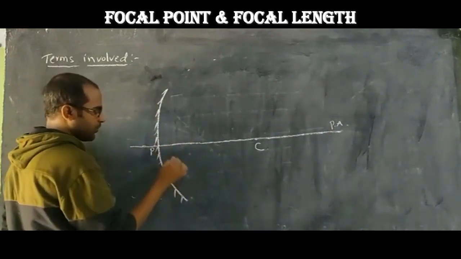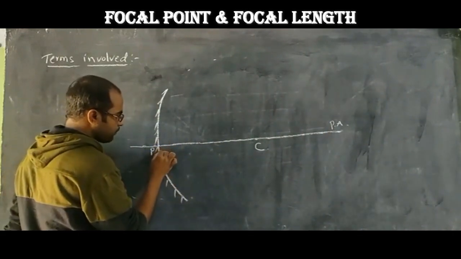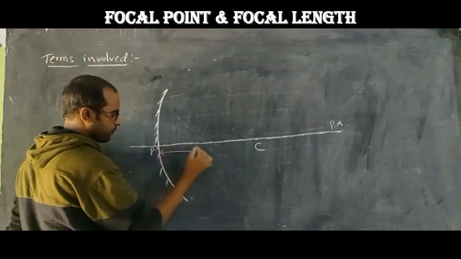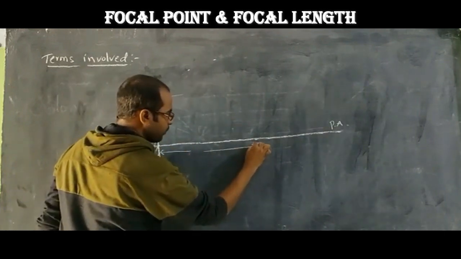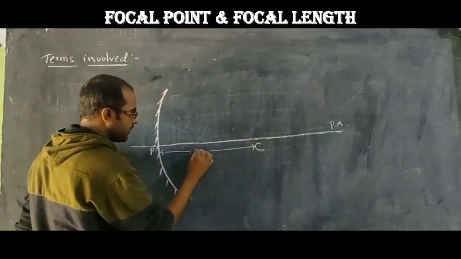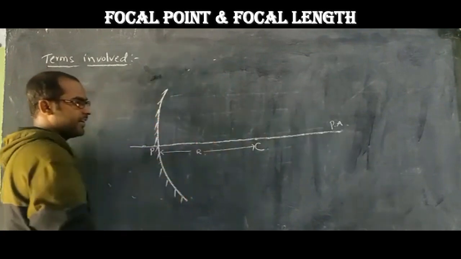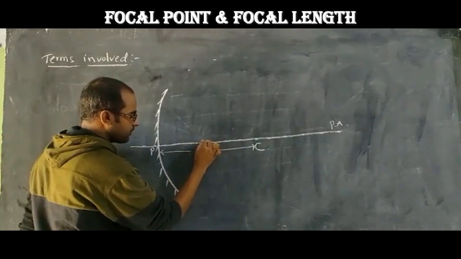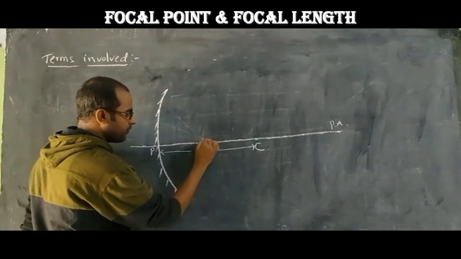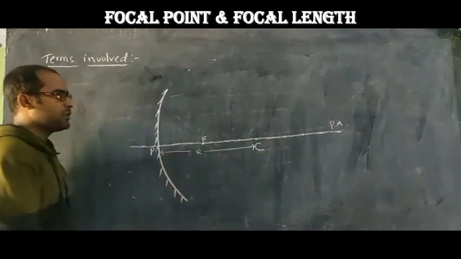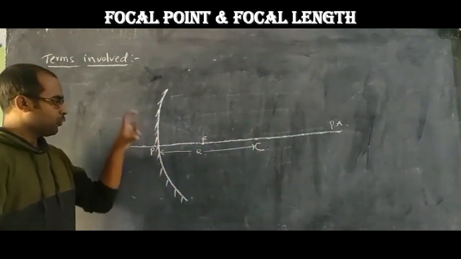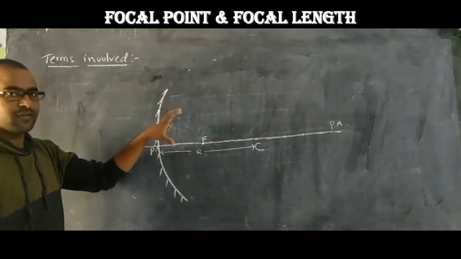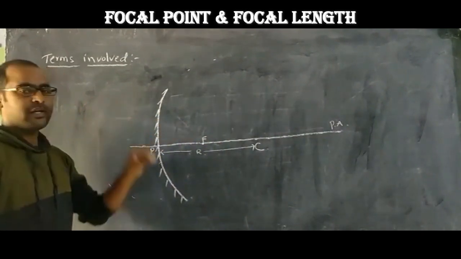The distance between the pole and the center of curvature is R, the radius of curvature. Then here at this point we can find the focal point or principal focus, where all the reflected parallel rays will meet together.